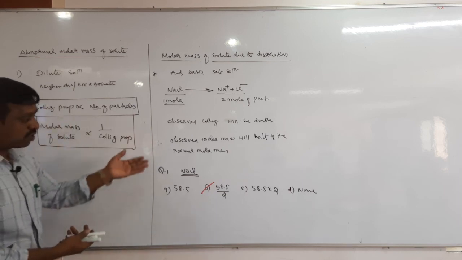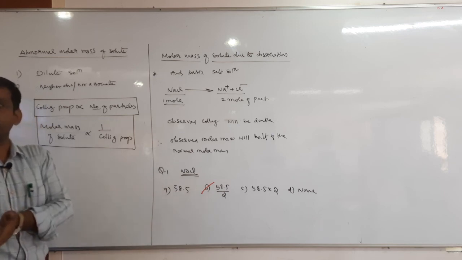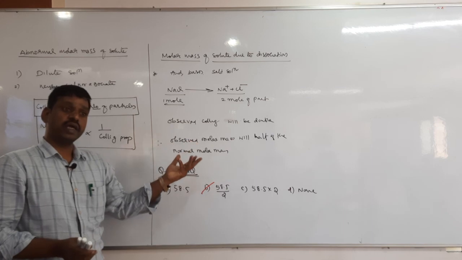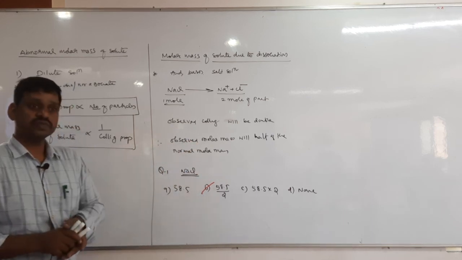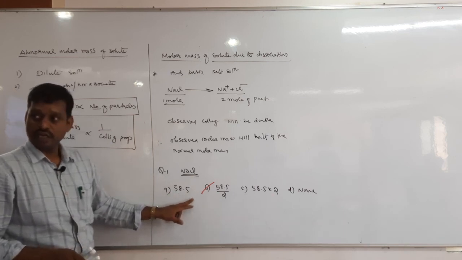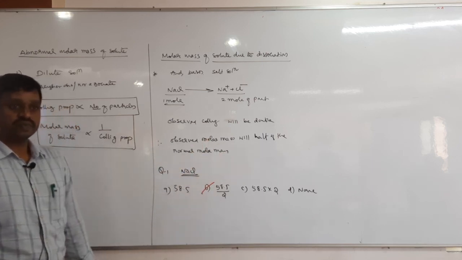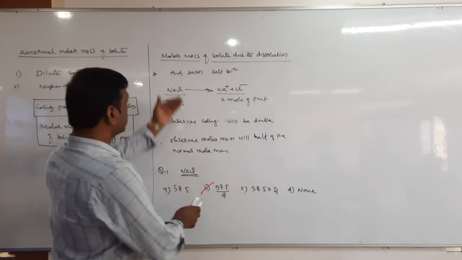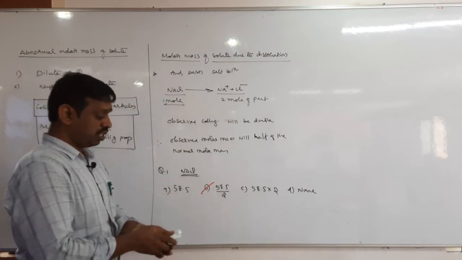Therefore, the molar mass calculated by any colligative property will be half of the actual 58.5 for NaCl. It is divided by 2 because it comes out half. This is molar mass of the solute due to dissociation.